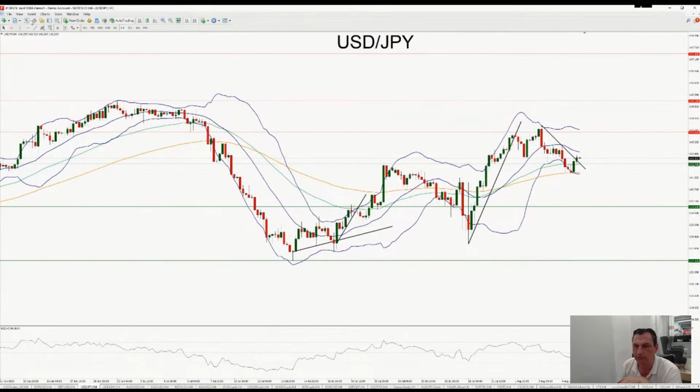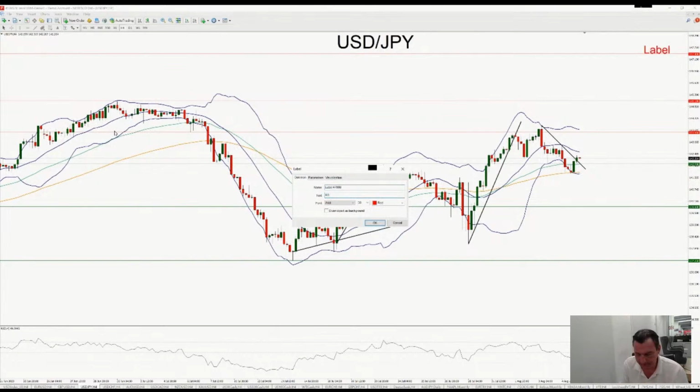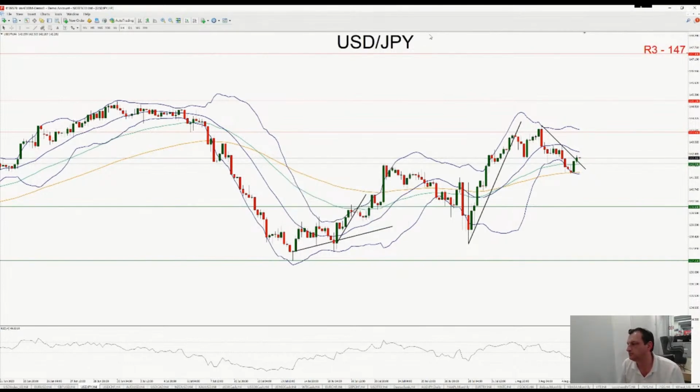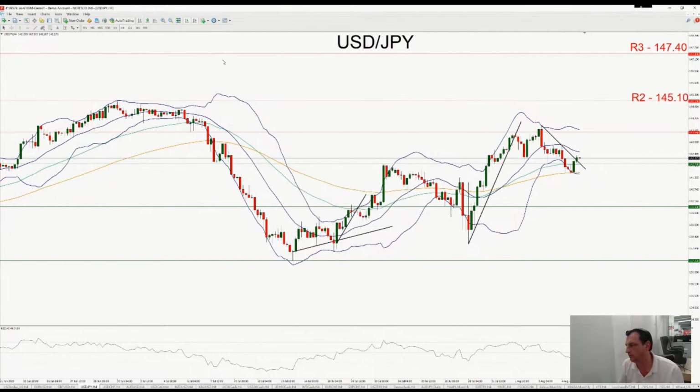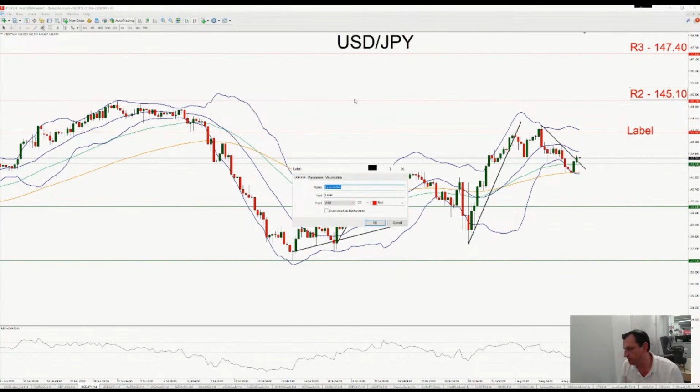At that point, we have to place also some labels here, would be far more helpful. Starting with the R3, 147.40. Second resistance line being placed at 145.10. Then we have the 143.55.